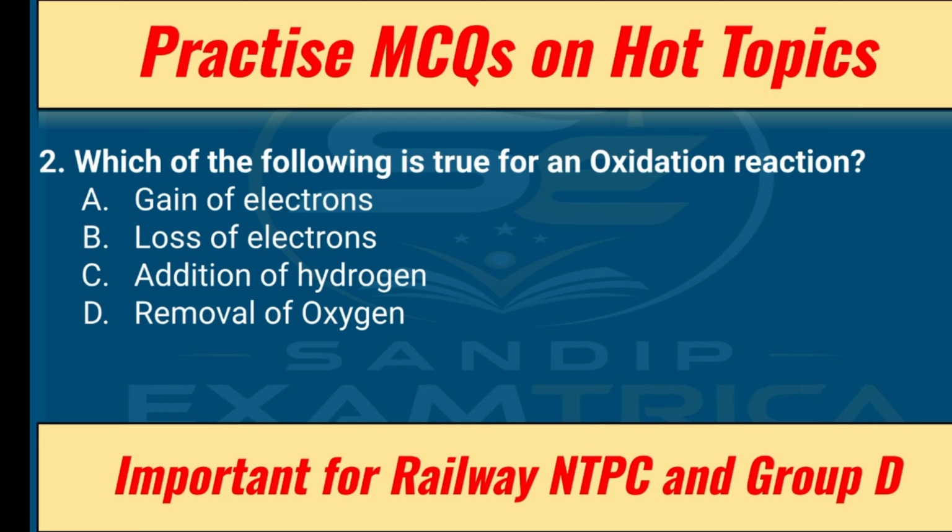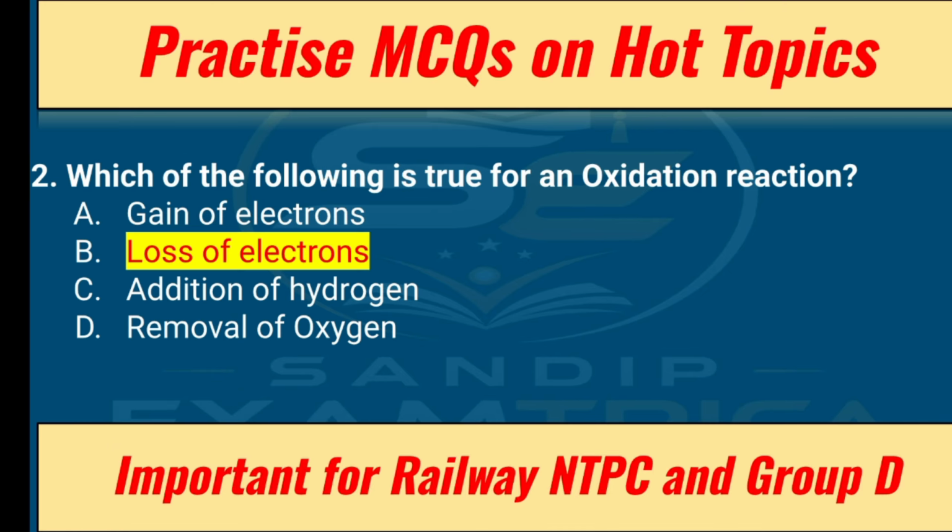So among these four options, loss of electrons is there. So loss of electron will be the correct answer, option B. And where gain of electrons or addition of hydrogen or removal of oxygen is there, that means the reaction will be called reduction reaction.